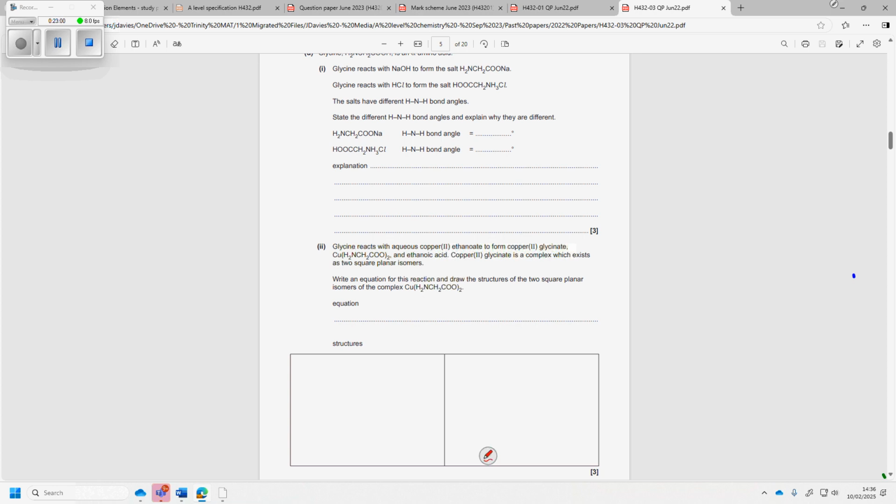So when I look at this ligand here, I can see I've got an NH2 bonded to CH2, which is bonded to a carbon, double bonded to oxygen, and another oxygen with a minus sign on it.